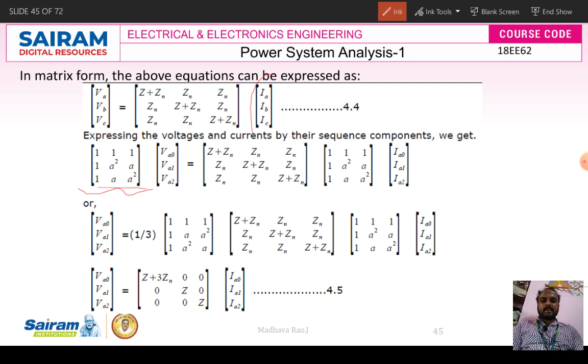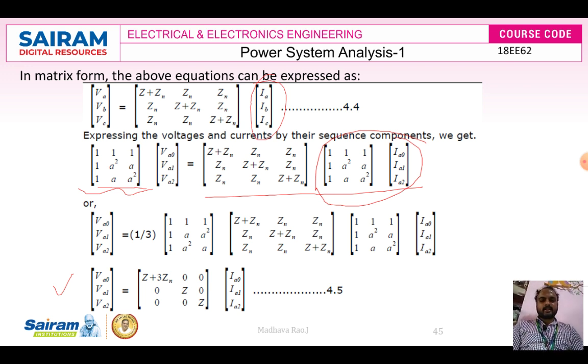Similarly IA, IB, IC can be written in sequence components. Multiply and simplify. Finally, VA0, VA1, VA2 is equal to the matrix with diagonal Z plus 3Zn, Z, Z and zeros elsewhere, into IA0, IA1, IA2.